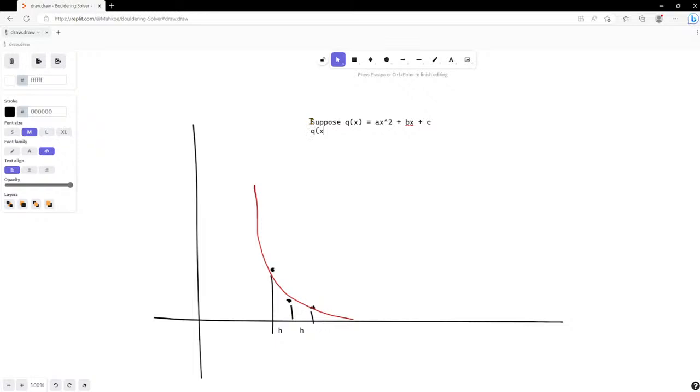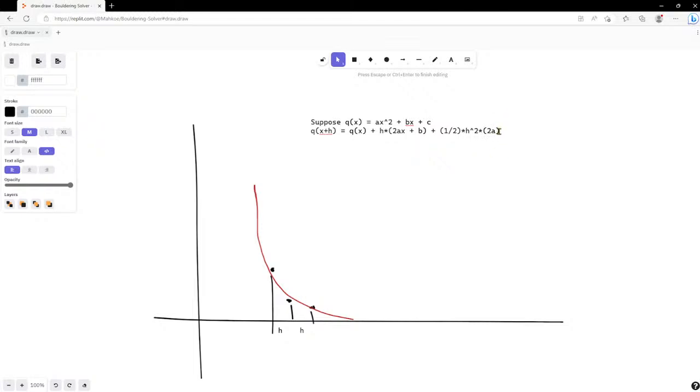Then q of x plus h is equal to f at x plus h times the first derivative of q at x, so that is 2ax plus b, and plus h squared over 2 times the second derivative, which is just 2a.